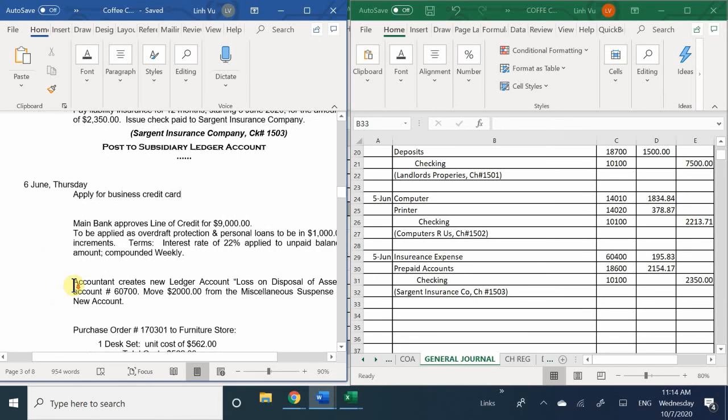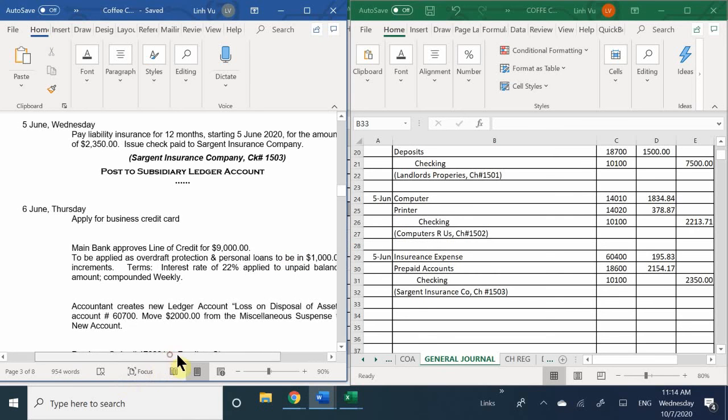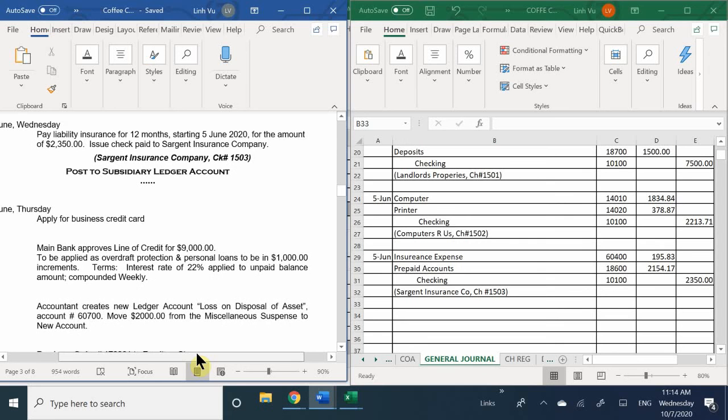Now, the next scenario says that the main bank approves your line of credit for $9,000, okay? And with this line of credit, it's to be applied as an overdraft protection and personal loans, okay? So that means this money is only used in case you overdraft your bank.